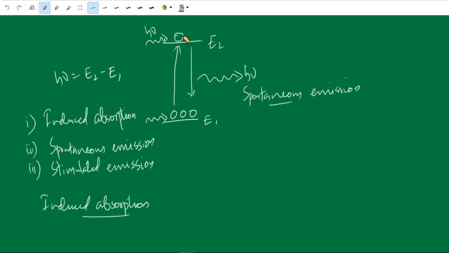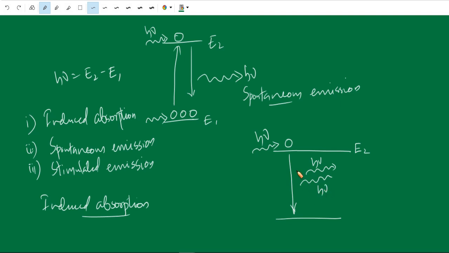Therefore, it is de-excited by the influence of this h nu, by emitting two photons, h nu, h nu. This is called stimulated emission. So this emission is by the influence of another photon. That's why it is called stimulated emission.